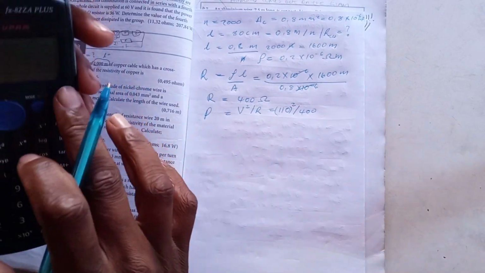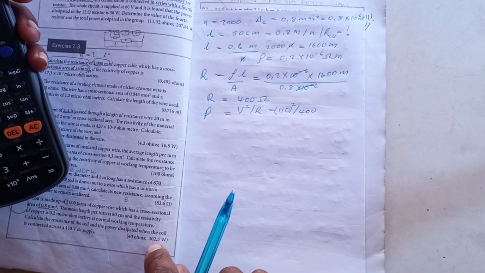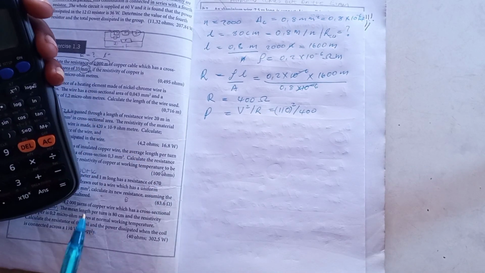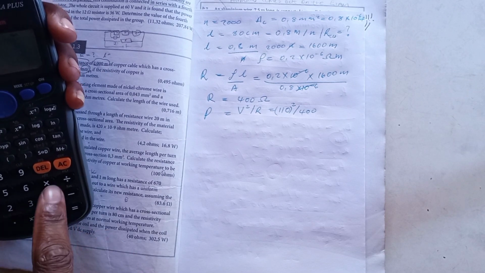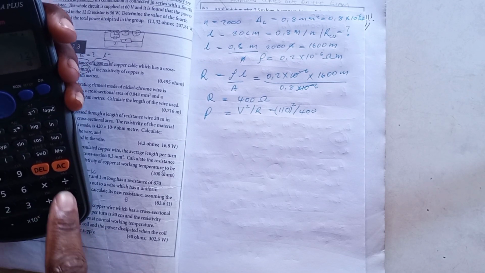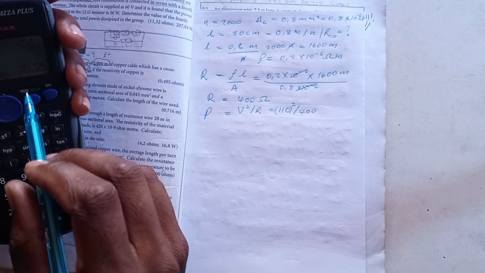We're not going to use this 40. We will see if we get this, and when we use 400, then we know that they made a mistake here. 110 squared divided by 400. Yeah, these people, they are wrong.